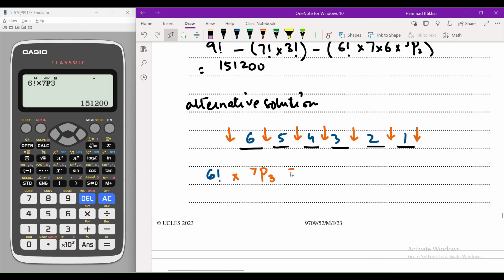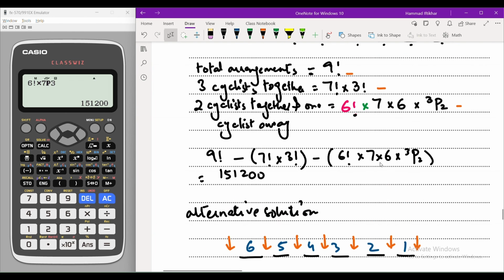So 15120. So this is simpler, but this method is also fine, so you could also try that. All right, bye bye. Let's see you at another question.